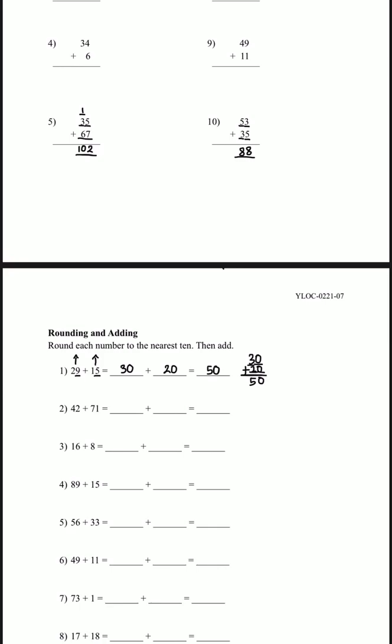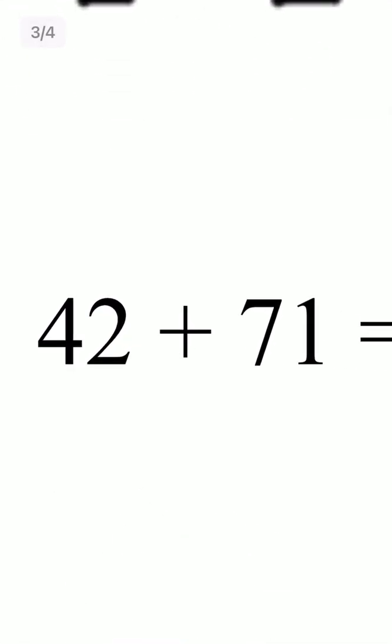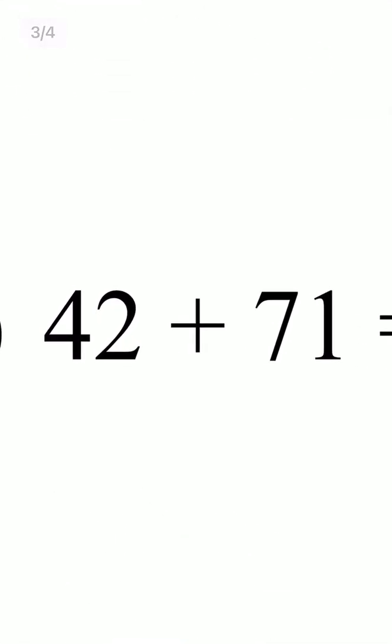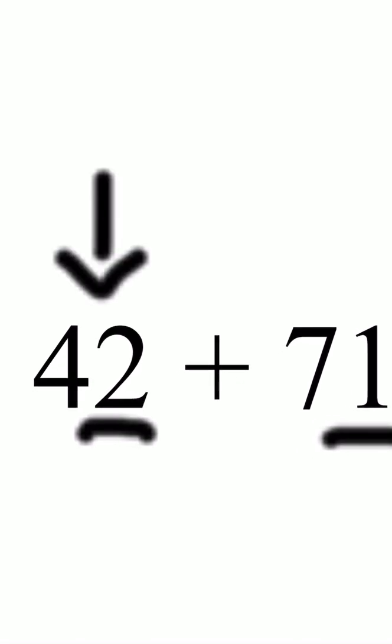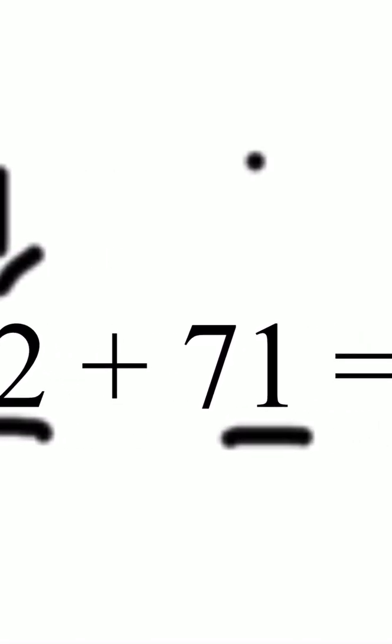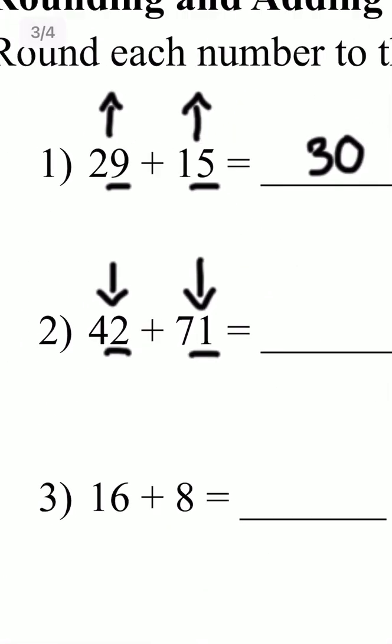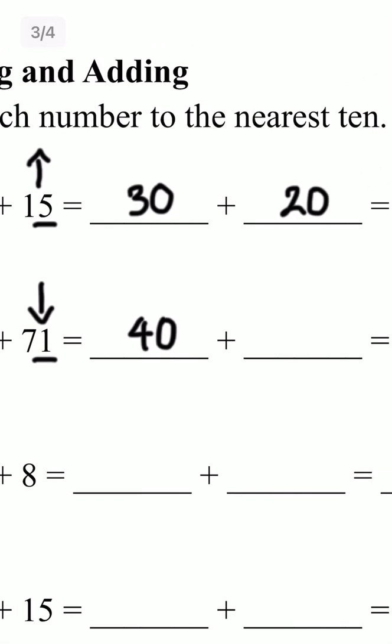Let's look at number 2. We have 42 plus 71, and 2 and 1 is on the ones place, and for 42 we need to round it down, and for 71 we also need to round it down. So 42 would round to 40, and 71 would be 70.